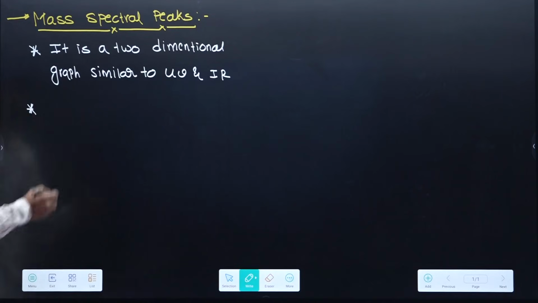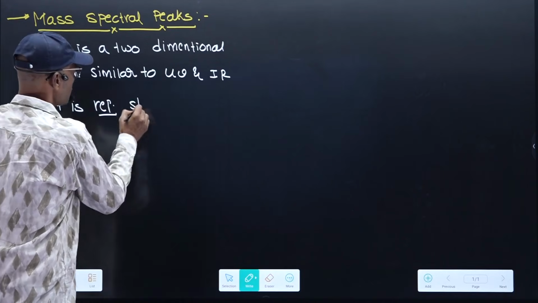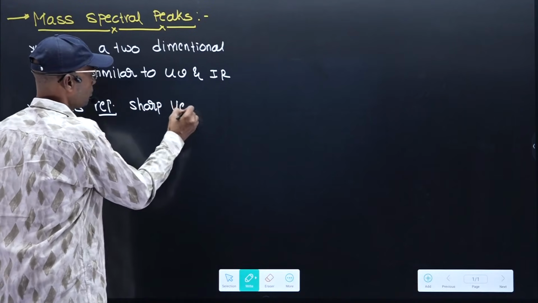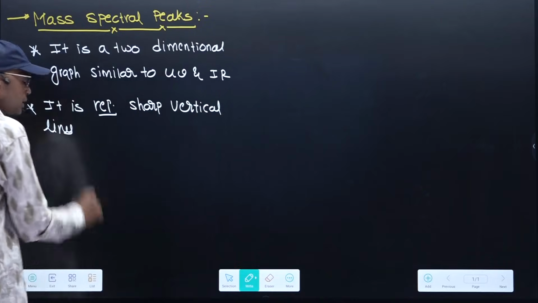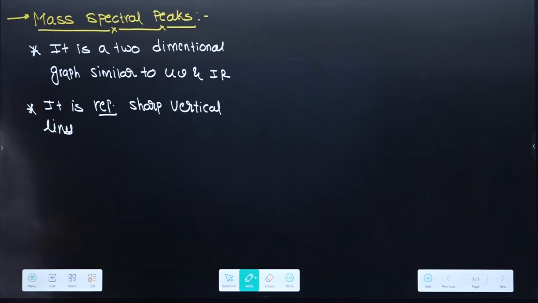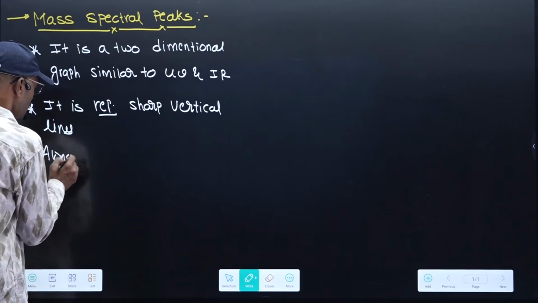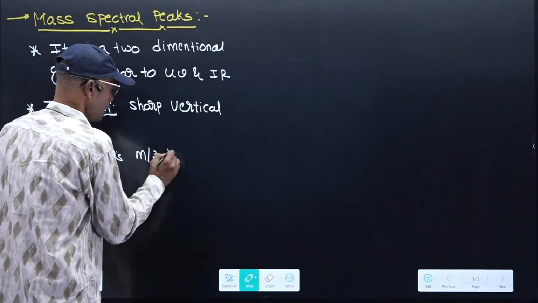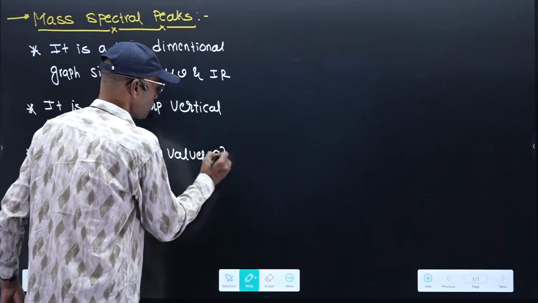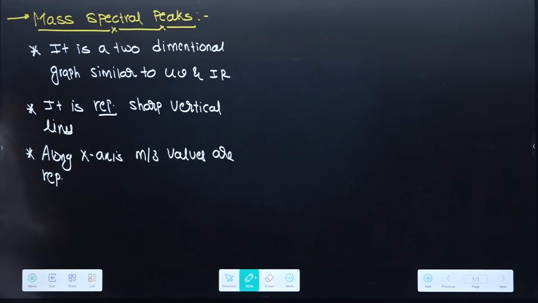It is represented by sharp vertical lines. Along the x-axis, m/z values are represented.